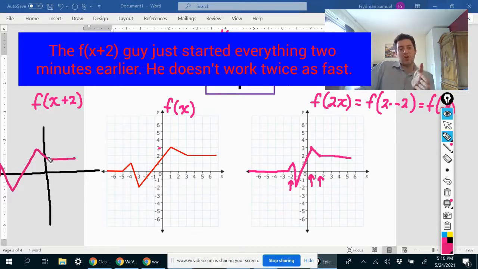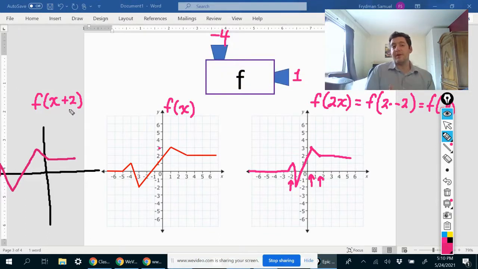It just finished earlier. Okay, so you have to be careful when you're using that time analogy, like I like to do. This guy is doing everything 2 minutes early, but it takes him the same amount of time. This guy, he's doing everything twice as fast. So that's why he's going up and down faster than these guys over here.